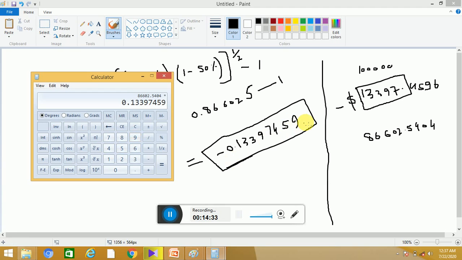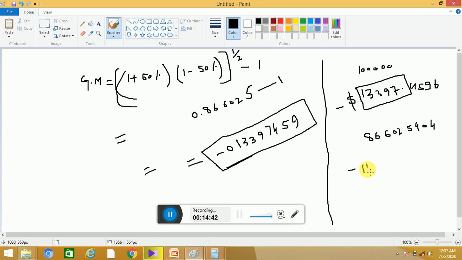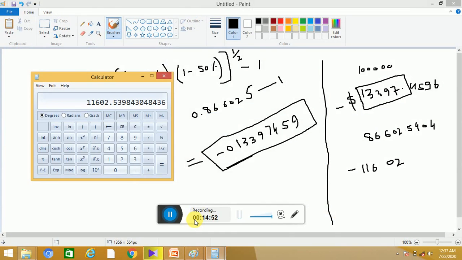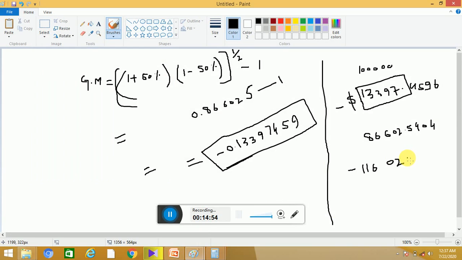So we got that there is a loss of 11,602.5398. So this is the loss for the second year.